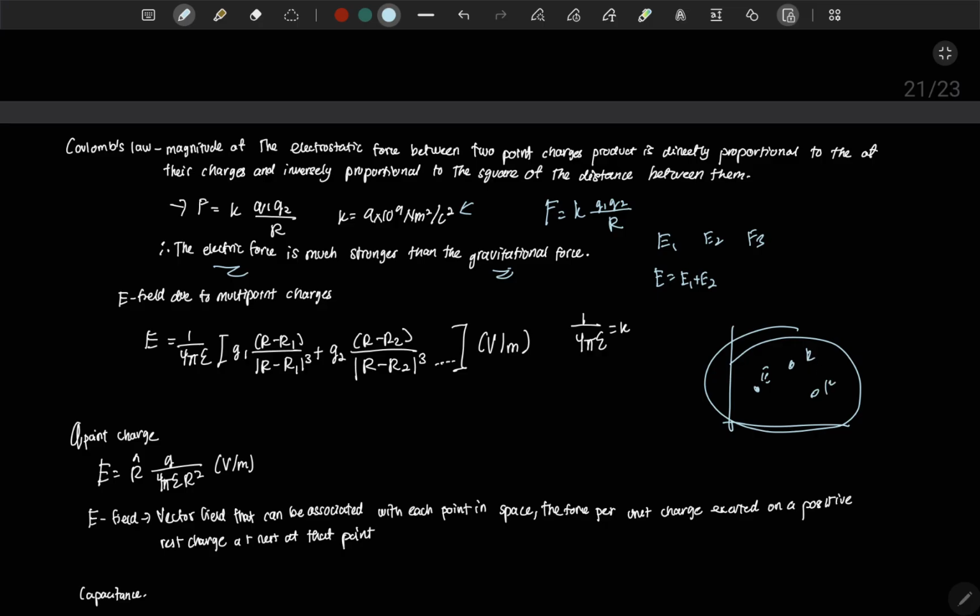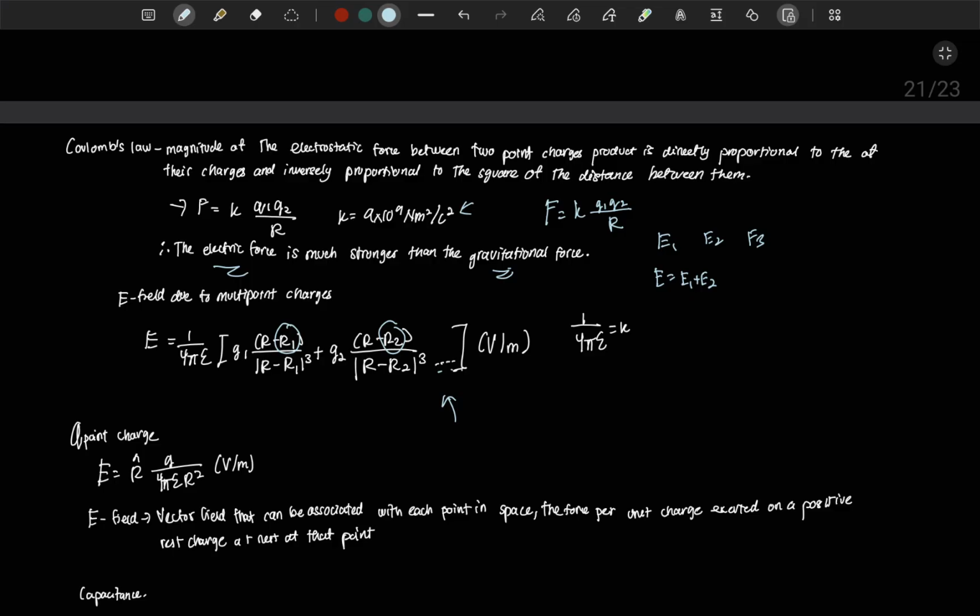Then we have electric field due to multi-point charges. This is something you need to remember. The original equation has R1 here, then R2, so it can be expanded into R3, R4, R5 and so on.